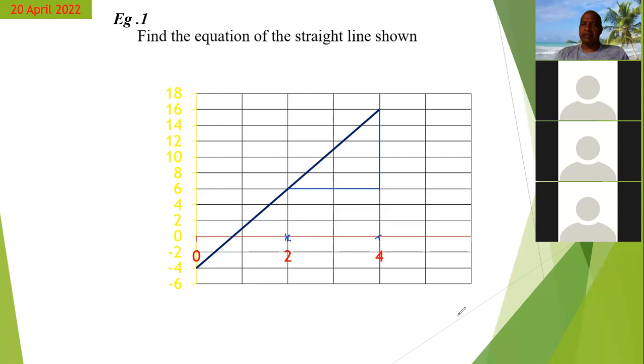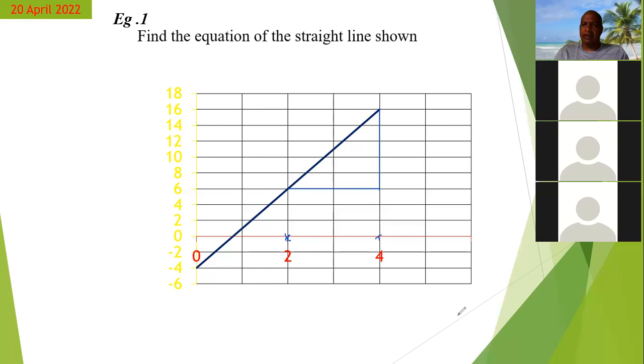And for y2 and y1, sir, I got 6 and 16. When I did the calculation, 16 take away 6 leaves 10, and 4 take away 2 leaves 2, and that is 10 over 2, and when I break it down, sir, I got 5.